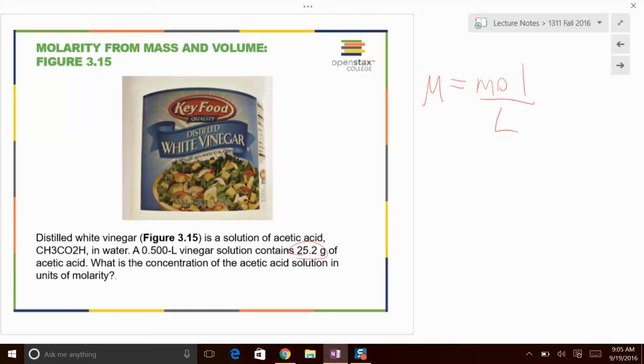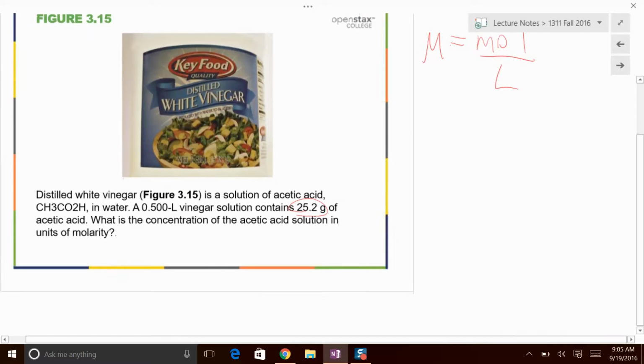So, I'm going to have to set up a conversion. 25.2 grams of acetic acid, and I'm going to convert that to the moles of acetic acid from the grams of acetic acid. What number goes on top in this conversion? 1, the number 1 for the moles.